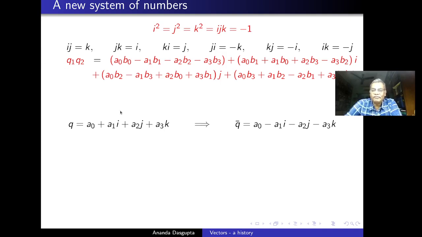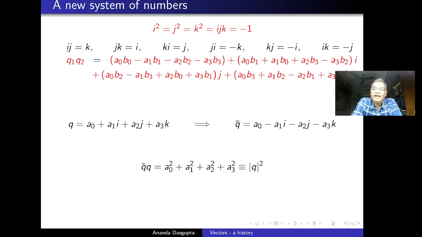Now, if we were to multiply these two things together using this set of rules, it's pretty straightforward to work out. You will find that the result is again very similar to what you get with complex numbers. Q bar Q, this product, simply works out to be A0 square plus A1 square plus A2 square plus A3 square.